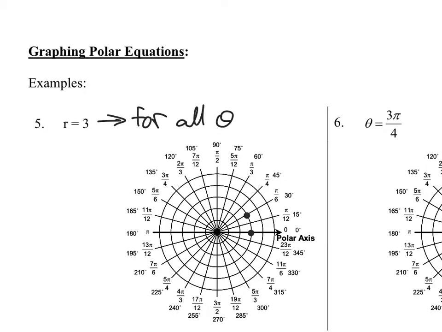If it's 90 degrees, and so on, all the way around. The bottom line is, what you're going to end up with is a circle.